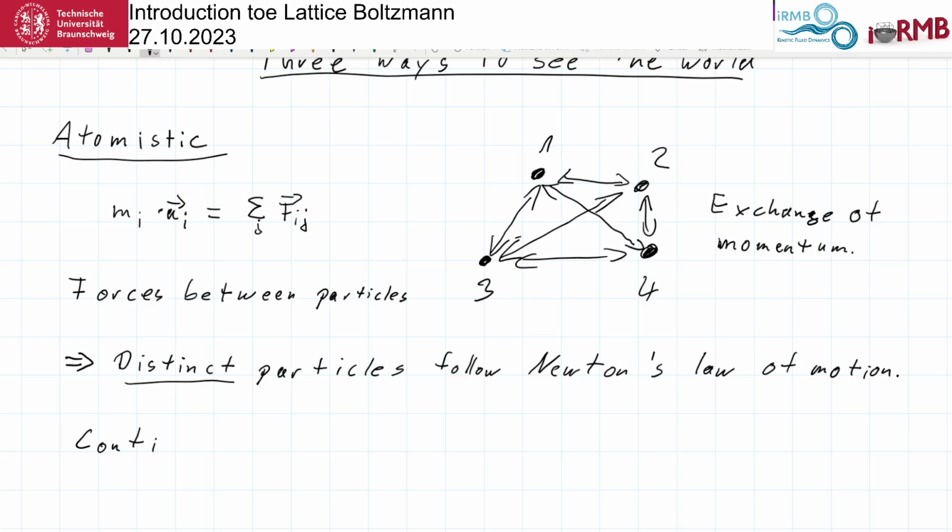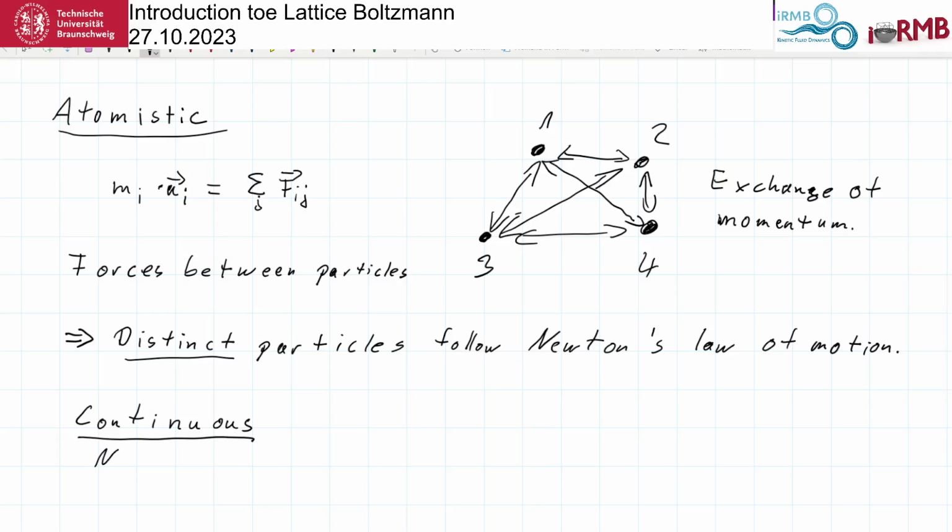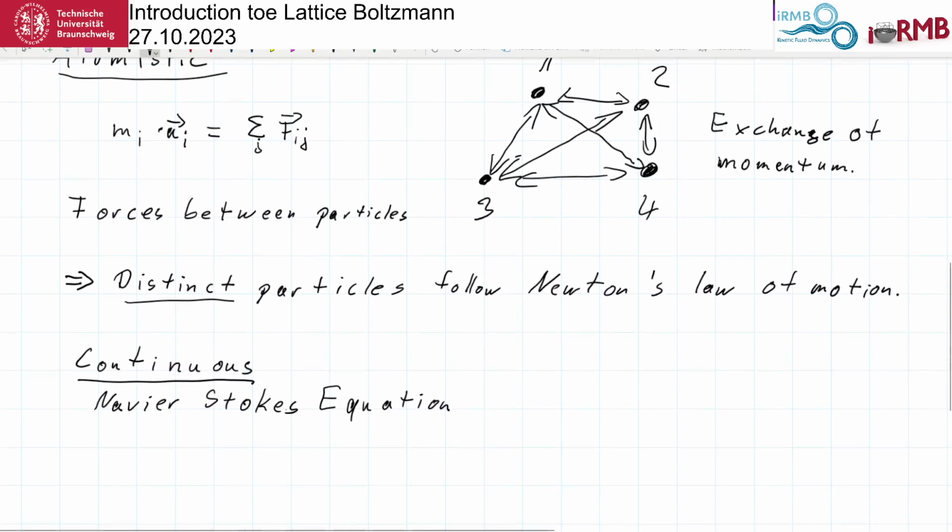Then there is a continuous view of the world, and this is related to the Navier-Stokes equation when we talk about fluids. Continuous is generic, and the Navier-Stokes equation is specific for flowing matter, fluids. You probably learned it.